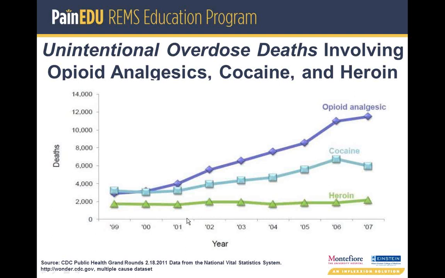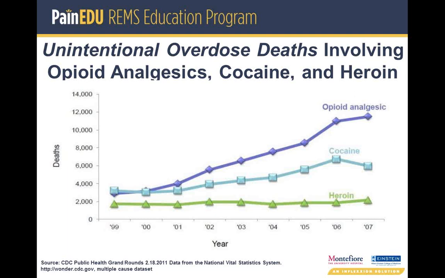Now, this data goes, I think, to 2008, but if you look at where we are at the end of the decade of pain control, you can see that people were really concerned about undertreating, and they started responding with their prescription pads, and more prescriptions for opioids were being written.